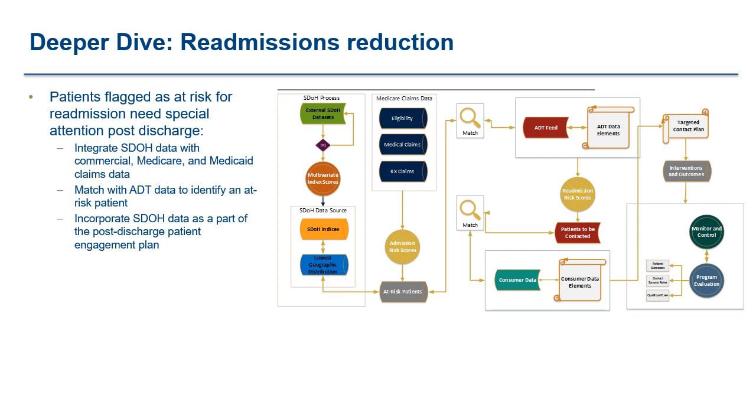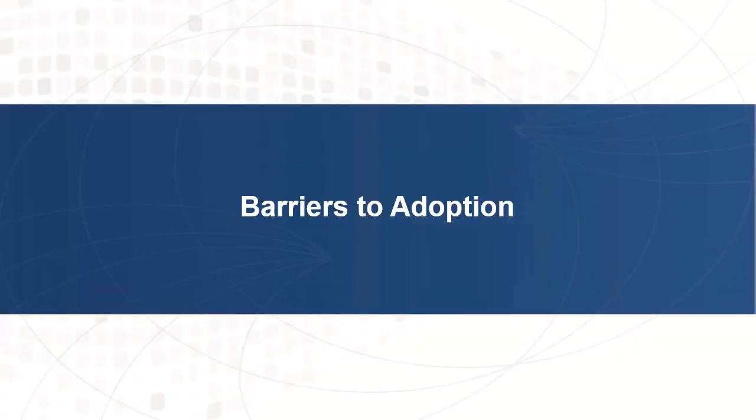You merge that ADT data with your at-risk patient data, those patients who were potentially at risk post-discharge, the social determinants of health factors, and then also integrate that with consumer data elements that can then provide information to your staff who are providing targeted assistance to those patients, and be able to bend the curve in terms of giving them better outcomes for social determinants of health.